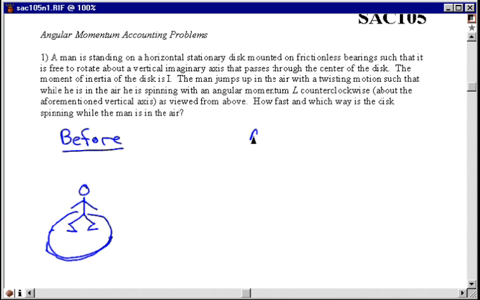In the after picture, the man has jumped in such a manner that he is indeed spinning, counterclockwise as viewed from above, so around this way.